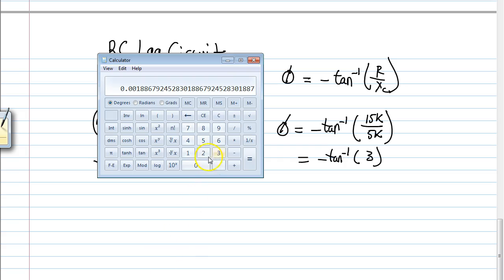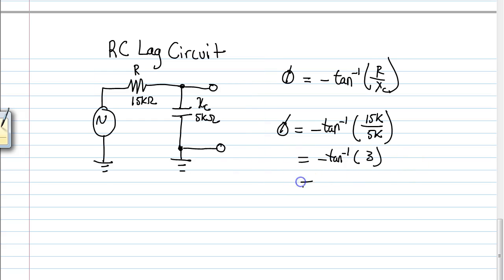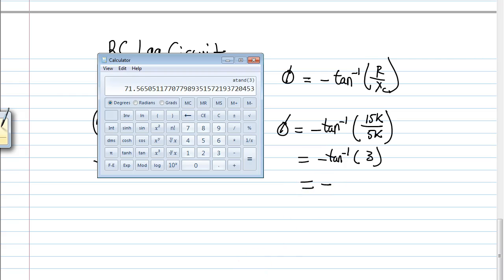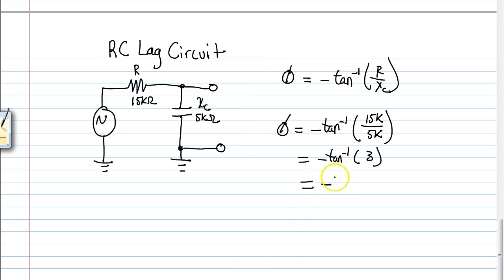Well, plug in 3 and take the arctangent of it. There it is. And don't forget, this is the negative arctangent. So negative 71.6 degrees. That's how much it's lagging, rather.